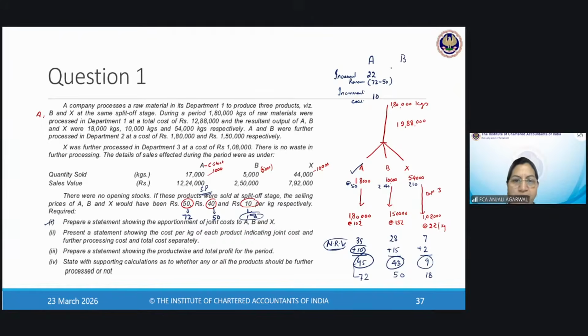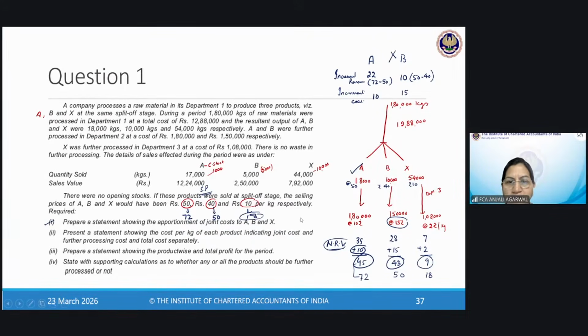Looking at B, if you are selling at split off point, you are getting 40. But if you are selling at post separation, further processing, you are getting 50. So the incremental revenue is 10, which is 50 minus 40. Whereas the incremental cost is 15 rupee per unit. So B should not be processed further.